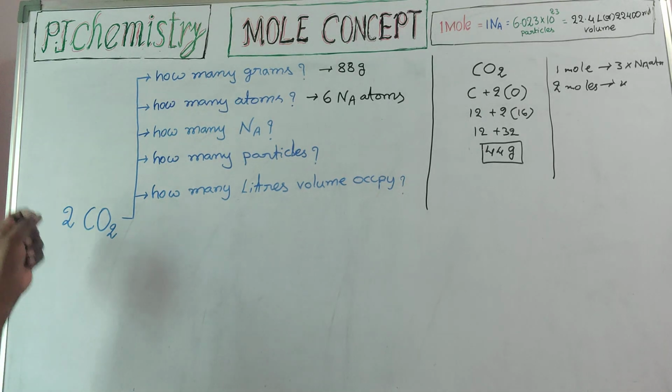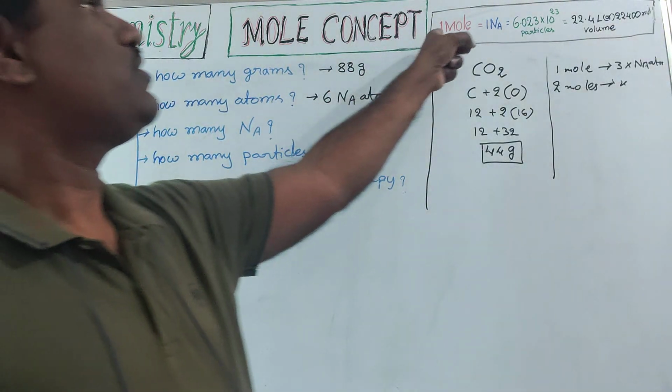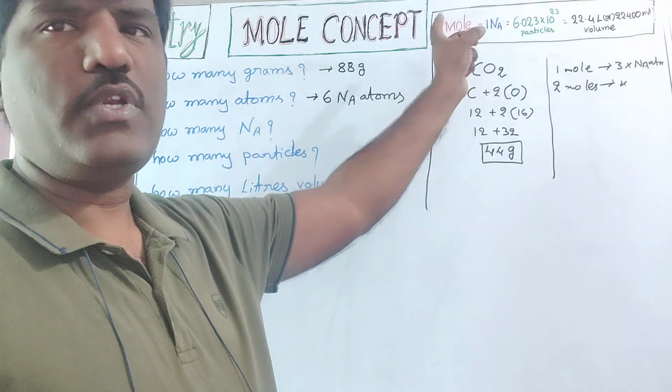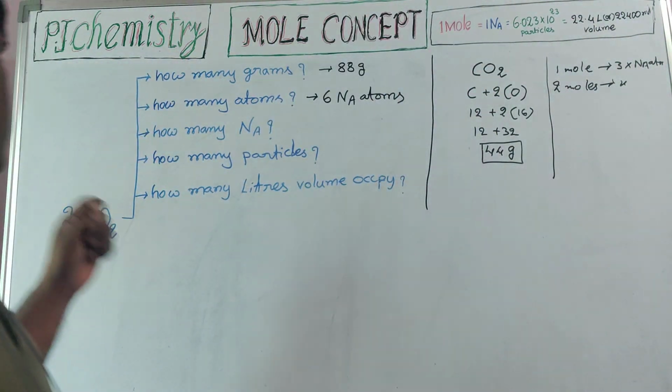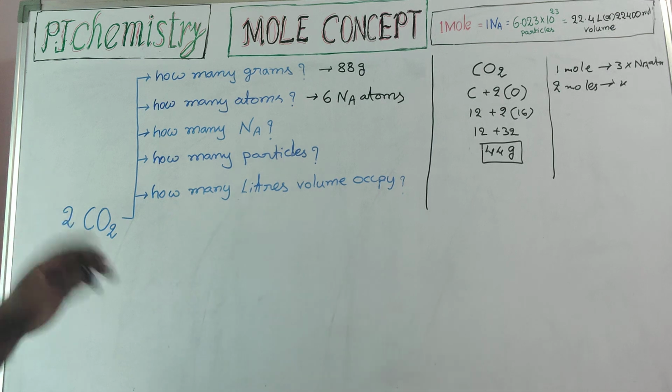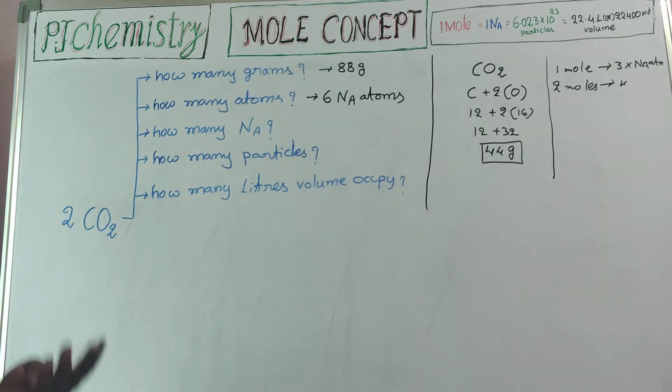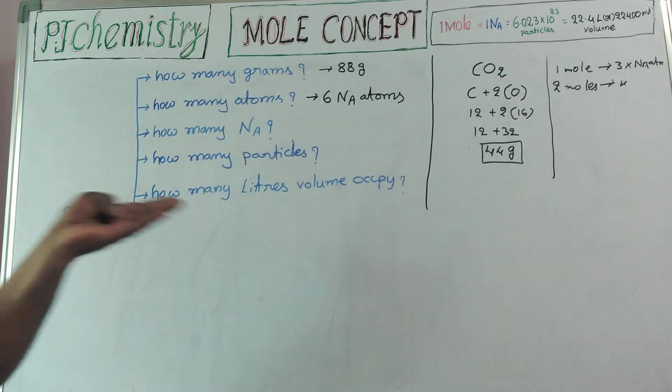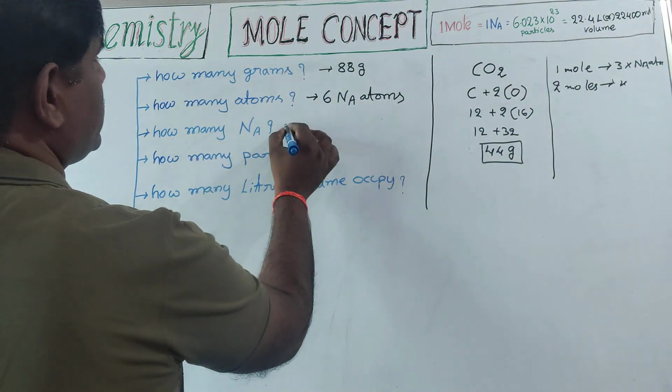Next, we already know 1 mole is equal to 1 Avogadro number. So 2 moles of CO2 contains how many Avogadro numbers? 2 moles is equal to 2 Avogadro numbers.